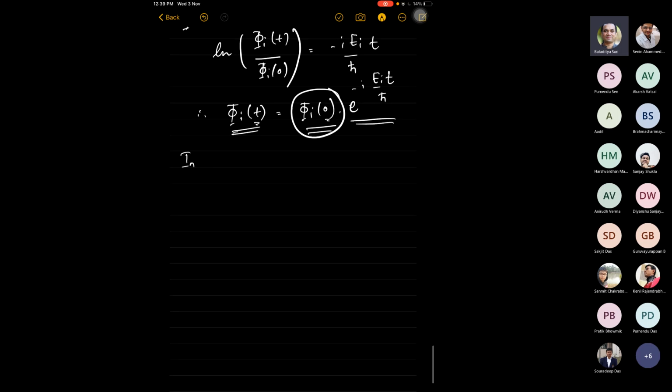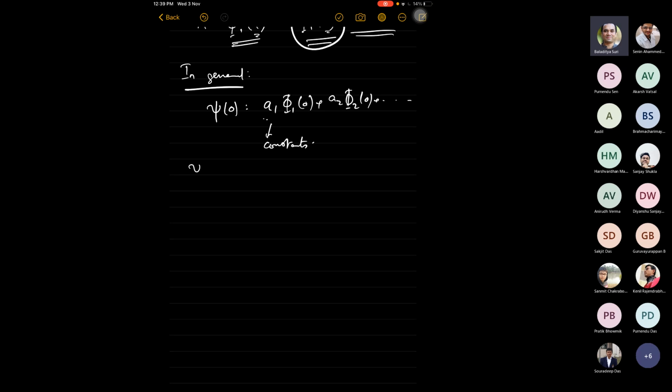So usually in general, if psi of 0 is an initial vector which is given by a1 phi_1 of 0 plus a2 phi_2 of 0, where all these coefficients are constants which don't depend on time, then psi of t can be very trivially written as a1 e to the power of minus i E1 t by h cross phi_1 of 0 plus a2 e to the power of minus i E2 t by h cross phi_2 of 0 plus so on.